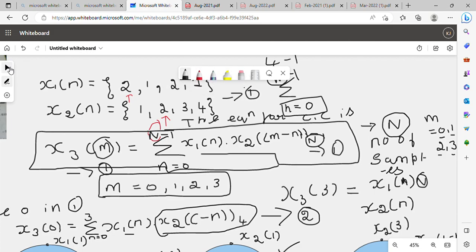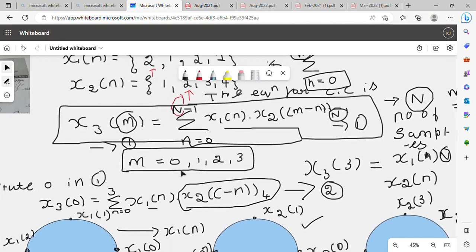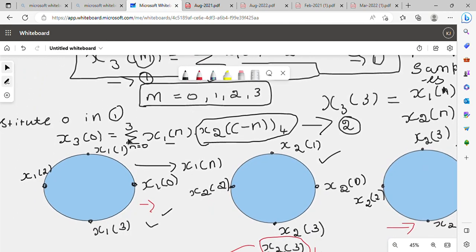And then the next thing you are supposed to do is substitute 0 in equation 1, and when you substitute 0 you are going to get this particular equation. That is, x3 of 0 is equal to summation of n equal to 0 to 3 of x1 of n into x2 of (minus n) modulo 4, right? This equation is the same for all 4-point DFTs.